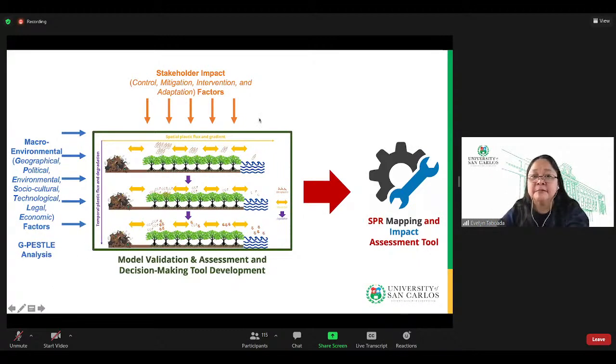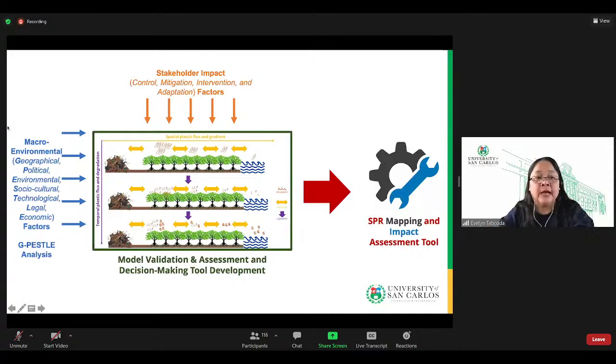However, the systems approach is a little bit more generalized compared to GPESTEL analysis, because GPESTEL analysis would look at geographical, political, environmental, sociocultural, technological, legal, and economic factors. Each of the factors would have key performance indicators, or measurement indicators, for how we are going to express this.